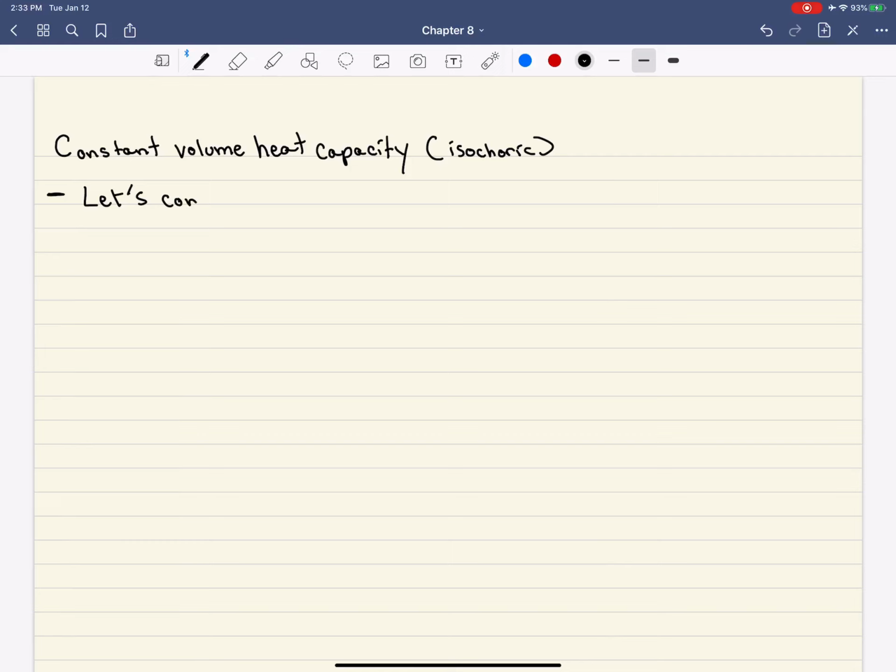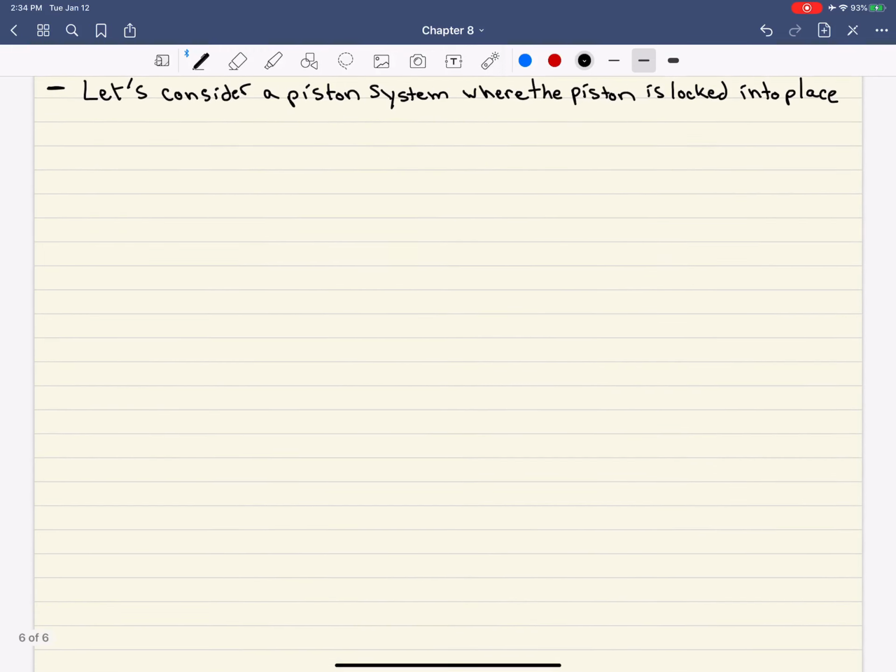So let's consider a piston system where the piston is locked into place. And so we have a piston cylinder system that looks like this, where our piston is here.